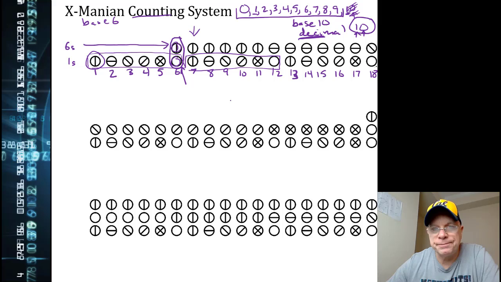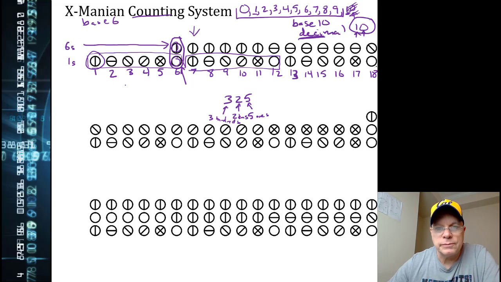If I take a number like 325, this is telling me that I have 5 1s, 2 10s, and 3 hundreds. Well, the alien number system, they're not counting 1s, 10s, and hundreds. They're counting 1s, 6s, and we'll talk about what else next.